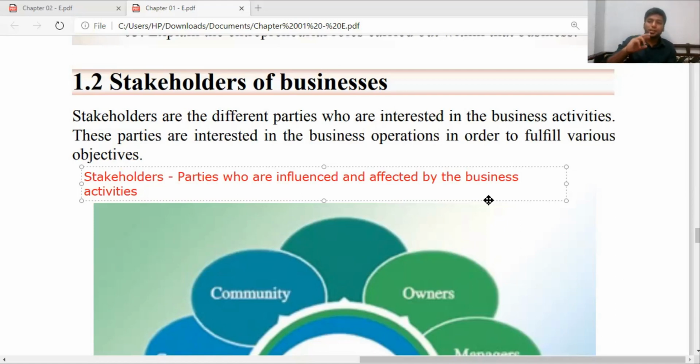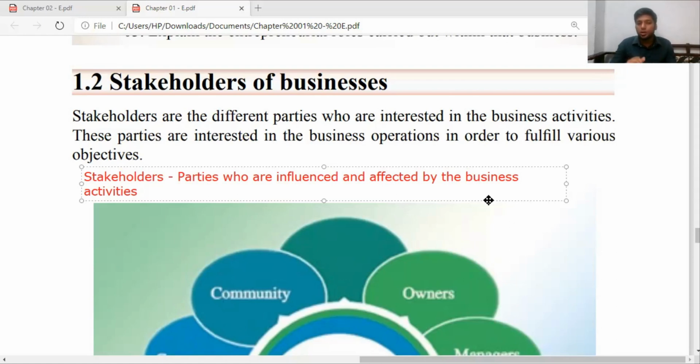But there's another question many students ask me: what is the difference between a shareholder and a stakeholder? I remind you, a shareholder is a person who invests in a business, but a stakeholder is a person who doesn't invest money in a business. He's getting influenced and affected. A shareholder can be a stakeholder, but stakeholders are not always shareholders.